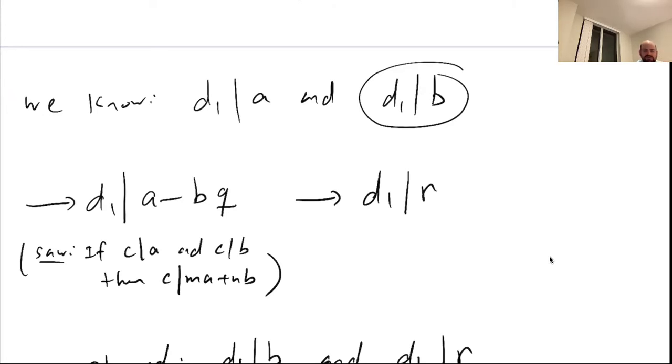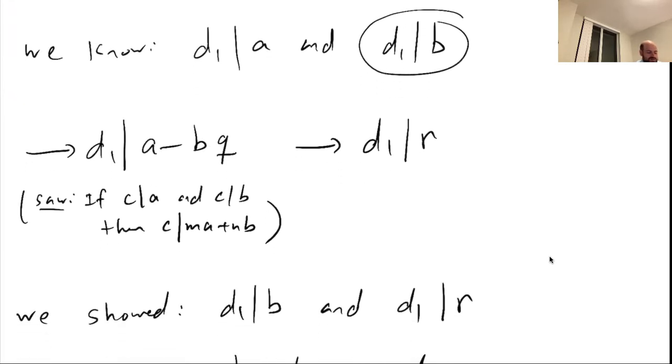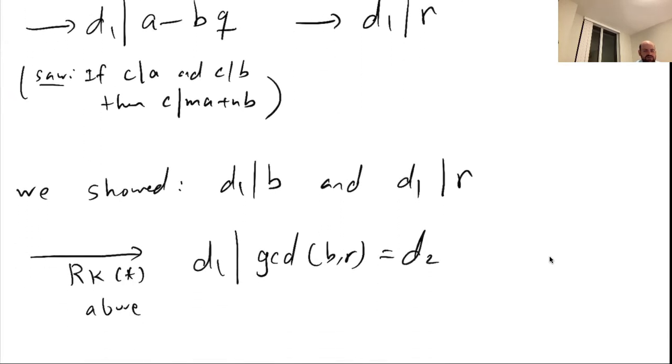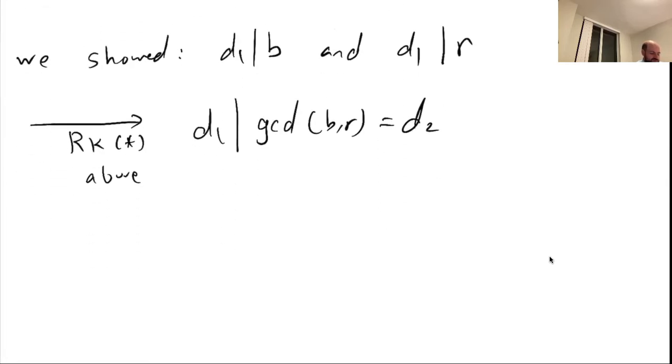And if D1 divides A and D1 divides B, then D1 divides A minus BQ as well, which means D1 divides R. So D1 is a common divisor of B and R. So if D1 is a common divisor of B and R, it must divide the greatest common divisor of B and R. In other words, D1 must be a factor of the greatest common divisor of B and R, which means D1 must divide D2. Okay, so this part is for D1 divides D2.